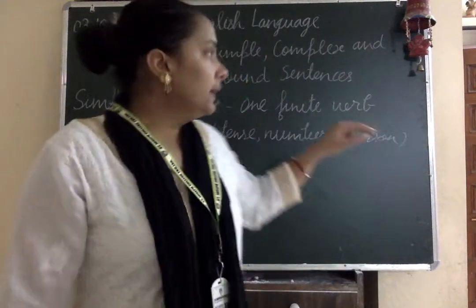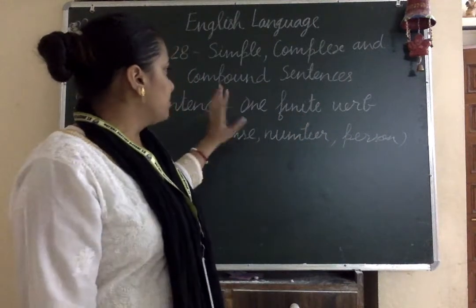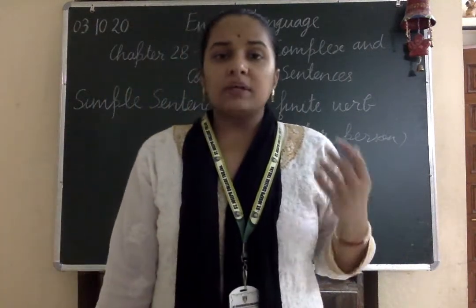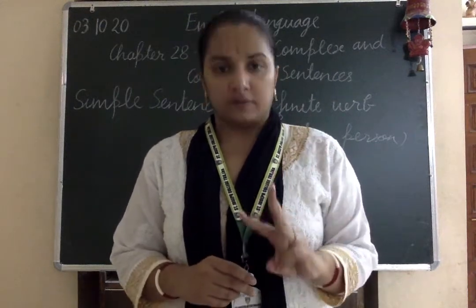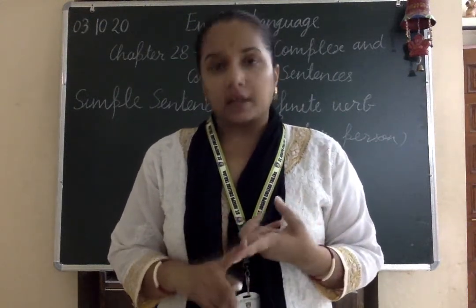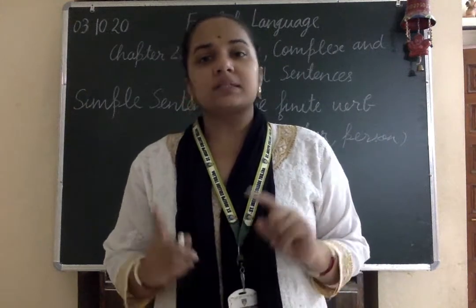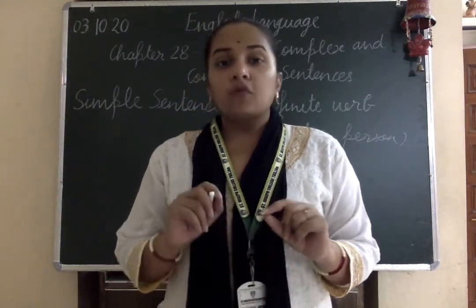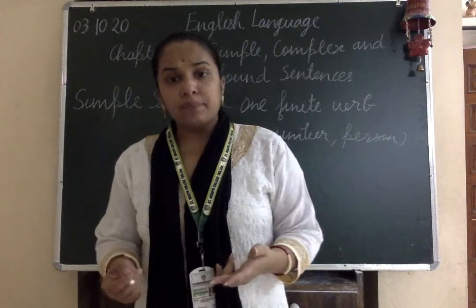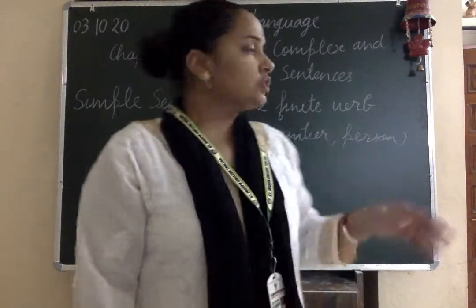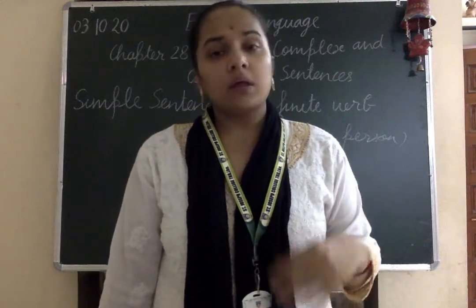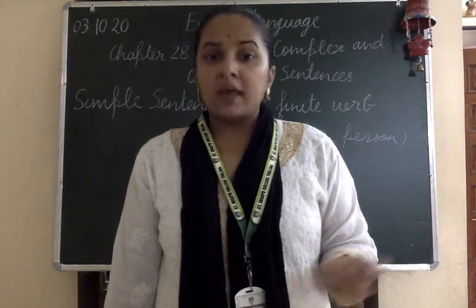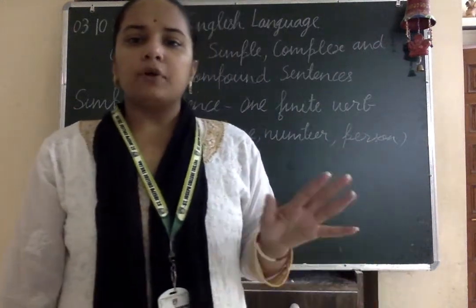Here this is the finite verb in the simple sentence. There can be some simple sentences in which there are two verbs. One is the finite verb, the other one is the non-finite verb. What is the non-finite verb? Simply, one on the basis of which you cannot determine these things. That is the non-finite verb.